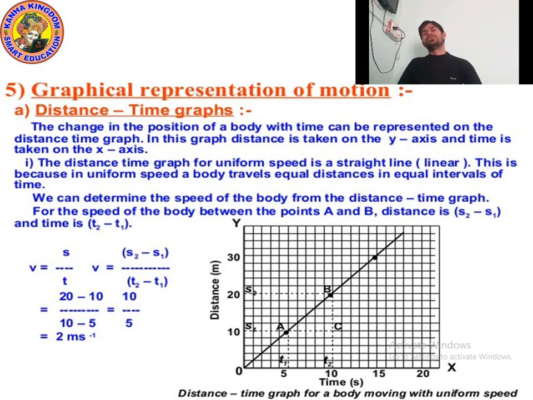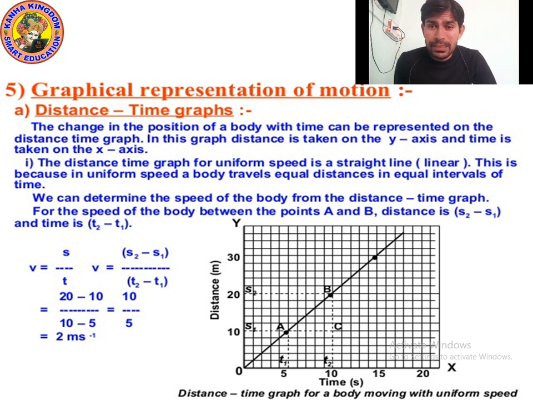Okay, so you can take any 2 points of the straight line graph, a and b. Suppose a is the point where a body reaches at time t1 and has traveled distance s1, and b is the point where the body reaches at time t2 and has traveled distance s2.